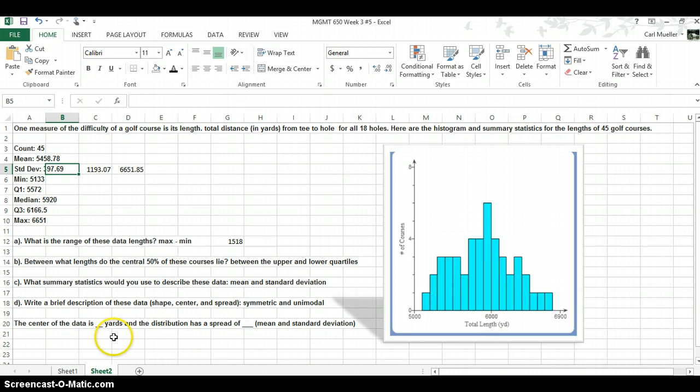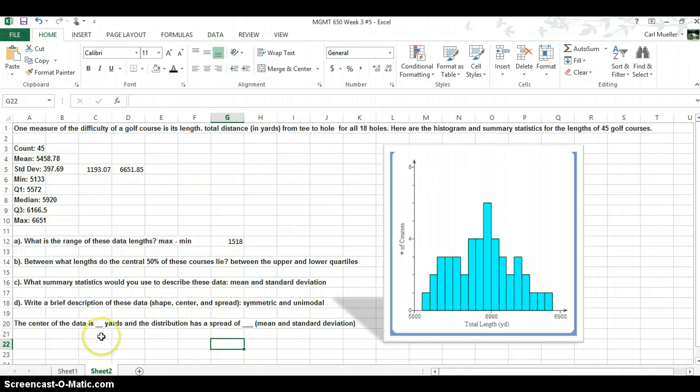The center of the data is blank yards, and the distribution has a spread of blank yards. To solve this one, it's our mean and standard deviation. Why is that? Because it's symmetrical and unimodal. Those two factors allow us to use the mean and standard deviation.